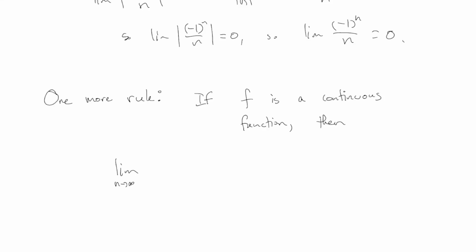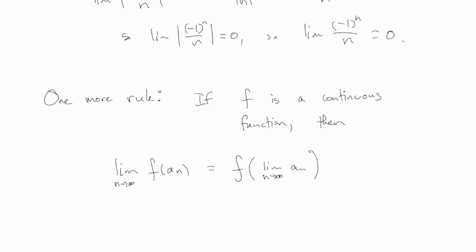The limit as n goes to infinity of f of a_n is this. You can push the lim inside of a function, provided that that function is continuous. I should also say this also requires that a_n converges. If a_n diverges, you're not allowed to do this.